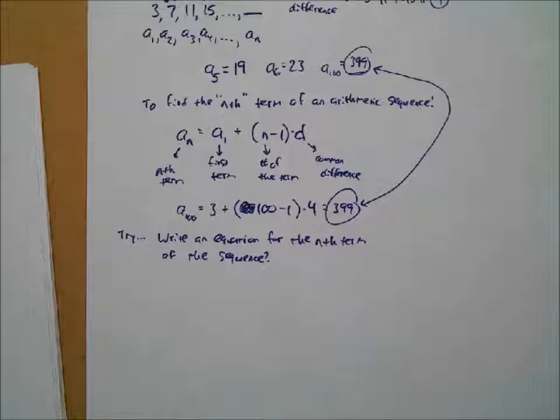What I mean is, if I wanted to come up with just a generic formula for any term, an nth term, what would that formula look like? Go ahead and write that equation. Simplify it too, I would say. It shouldn't take you too long. I'll do the same thing. Let's write a generic equation that will find the nth term of the sequence. We found the 100th term. Come up with that equation just for the generic nth term.